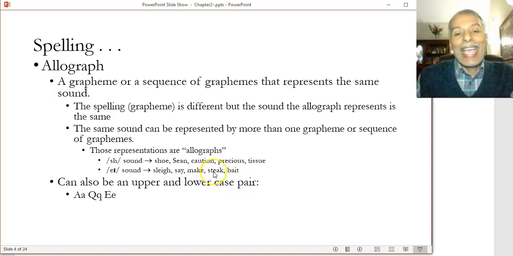Steak, A-E-A makes that sound as well. Bait, A-I makes that sound. So again, each one of these written forms, combinations of letters, is called an allograph, an alternative way of saying the same exact sound.